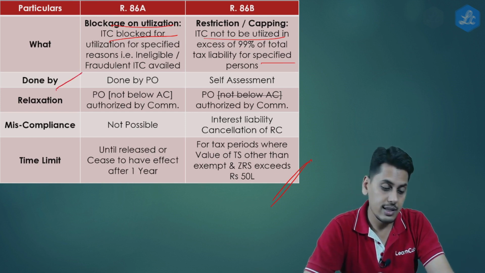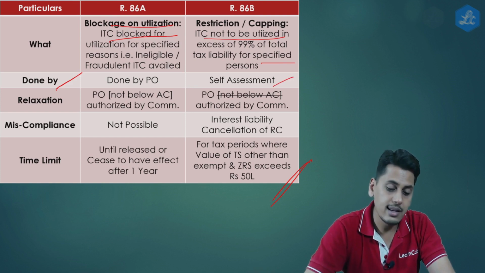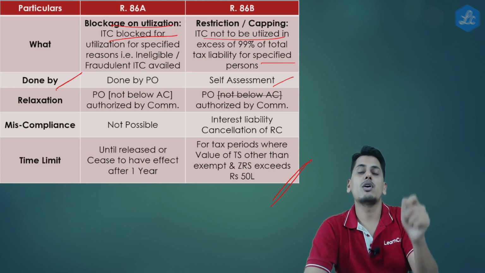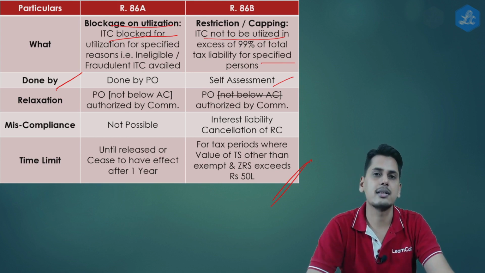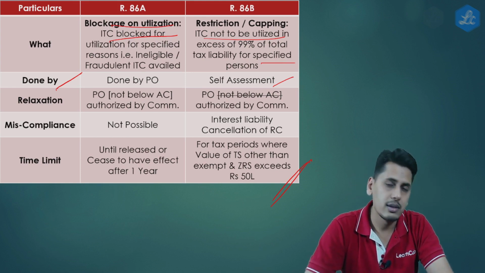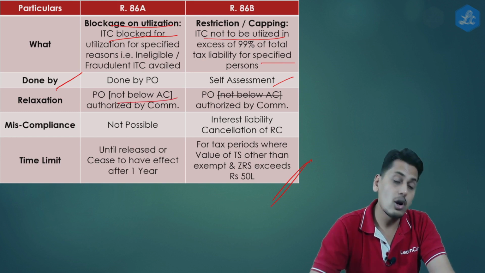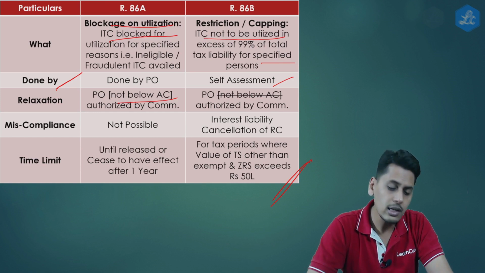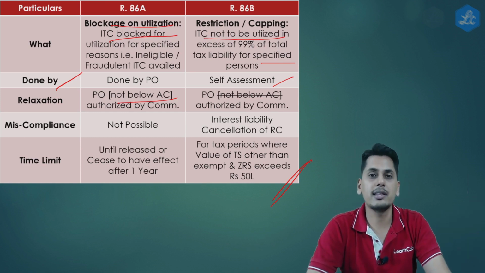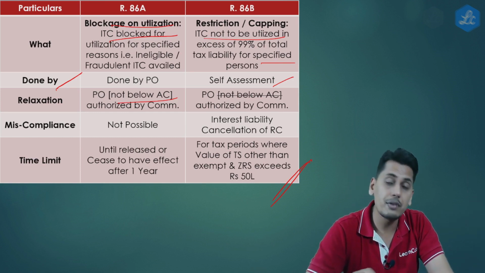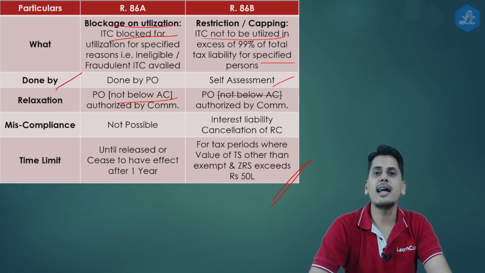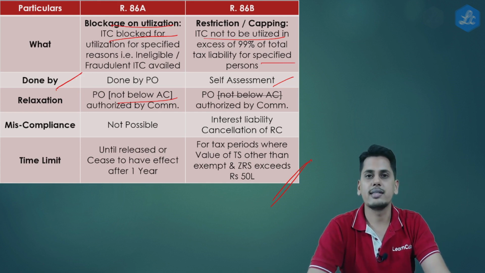86A blockage is done by the proper officer, whereas the restriction or the capping of 86B needs to be complied with on a self-assessment basis by the registered person. Relaxation: the proper officer, not below the rank of AC, the one who is authorized by the commissioner, can grant relaxation and can uplift the blockage which is done under Rule 86A.